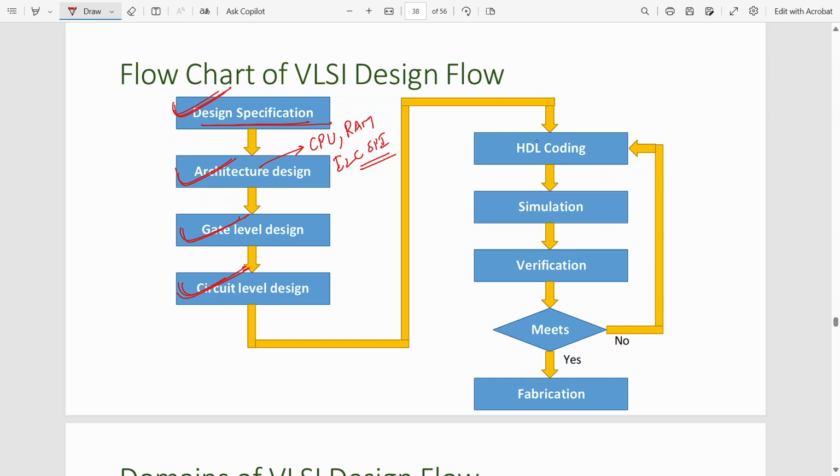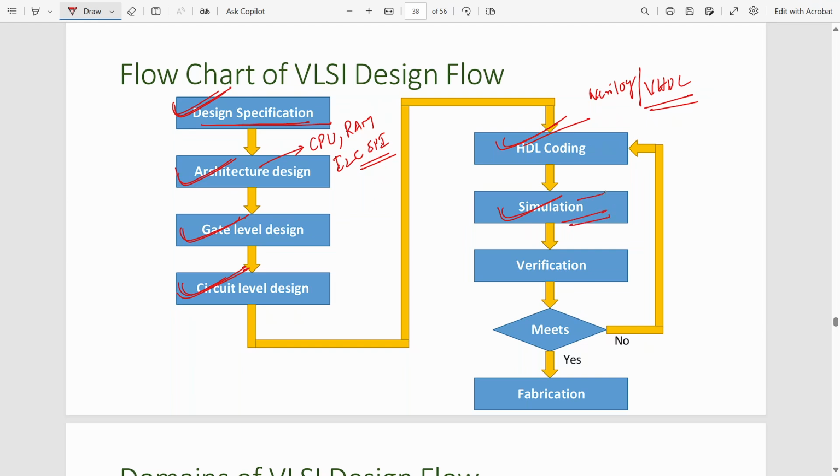After that, HDL coding. You can write the code in a hardware description language, Verilog or VHDL. Whatever program you write, you need to simulate, with waveforms, to check whether your functionality is correct.